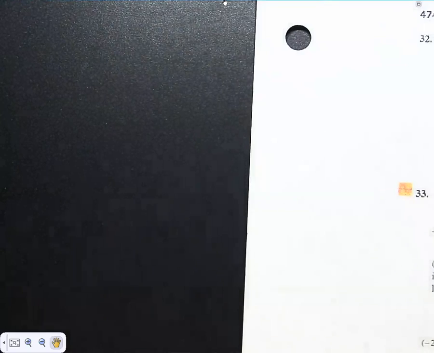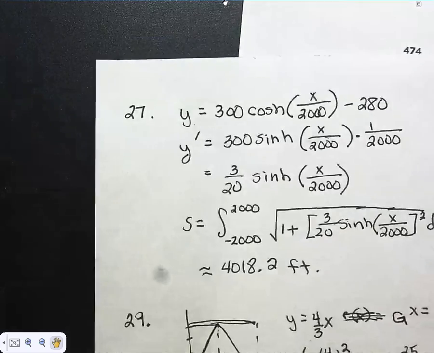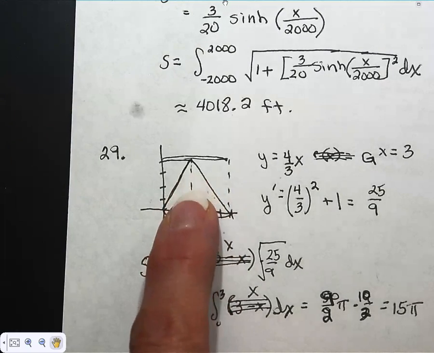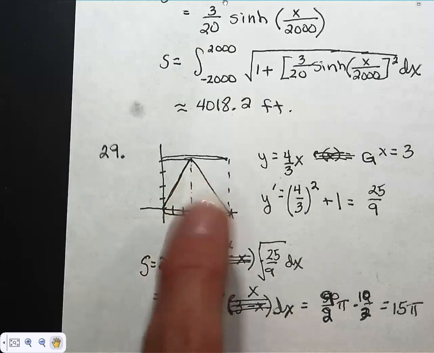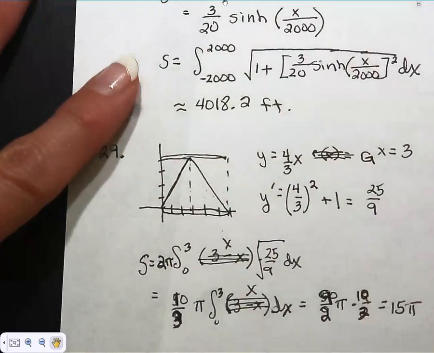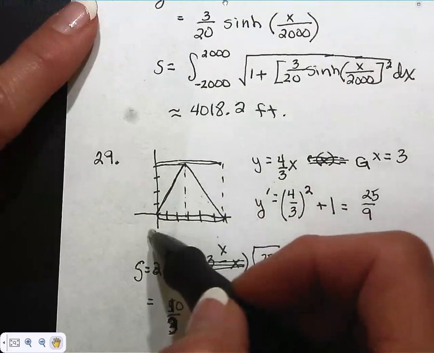There it is. 29. Yeah. I did make a mistake at first. I made a right circular cylinder instead of a cone. But then I realized, hey, that's not what they're talking about. And I used y equals 4/3 x.